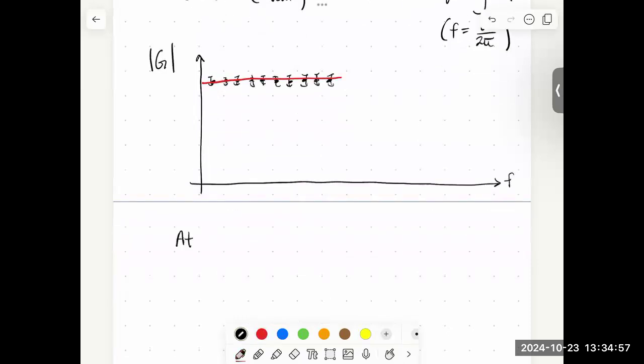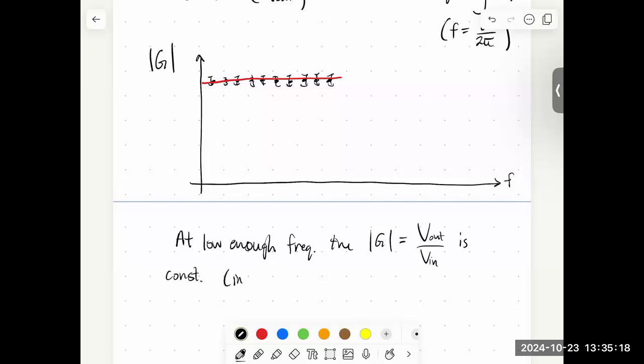So at low enough frequencies, the absolute value of the gain, which is just the ratio of the amplitudes of the inputs and outputs is constant.